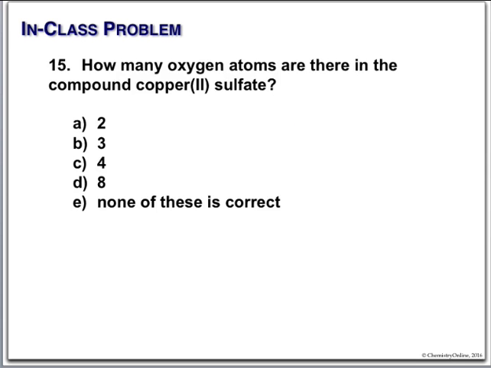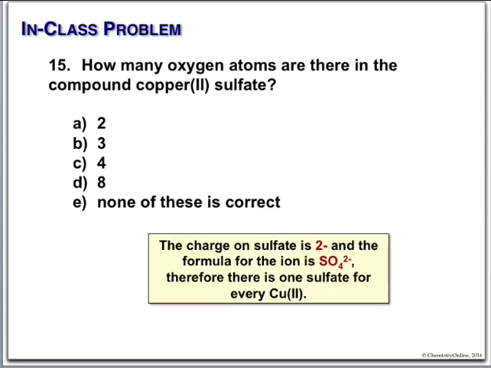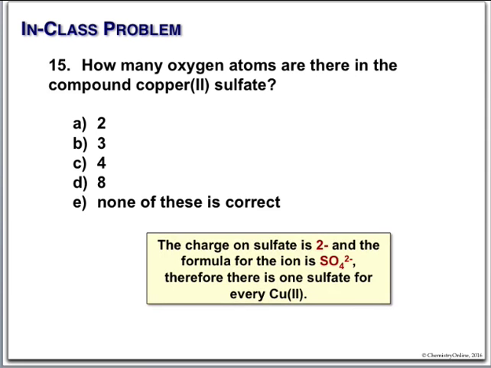Here we have copper 2 sulfate. How many oxygens do we have? Well, we all remember that sulfate is a -2 anion, right? SO4 -2. Copper 2, by its name, has a +2 charge. So we have 1 sulfate for every copper 2. The compound simply looks like this. How many oxygens?